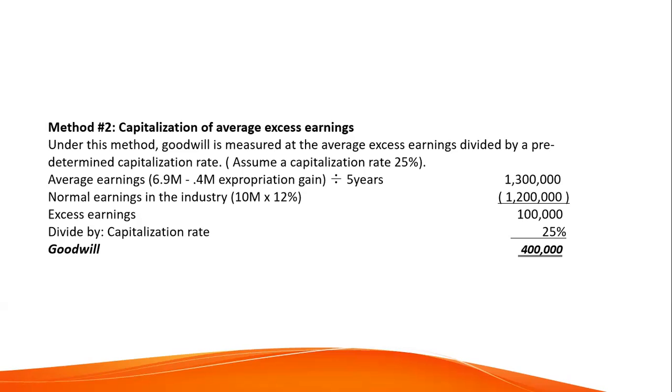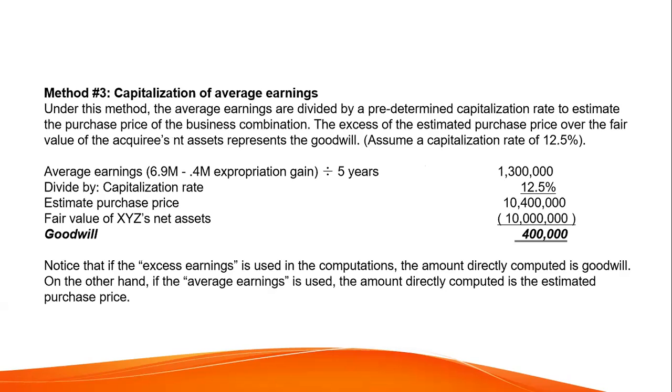So what we did was to capitalize excess earnings. Unlike in method number 1, when the excess earnings, we multiplied it by the probable duration of excess earnings. This time, we are going to divide the excess earnings by the capitalization rate.